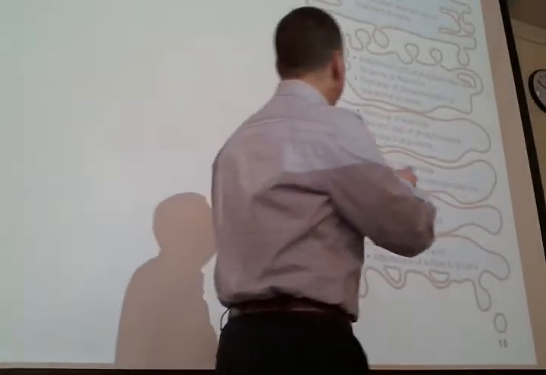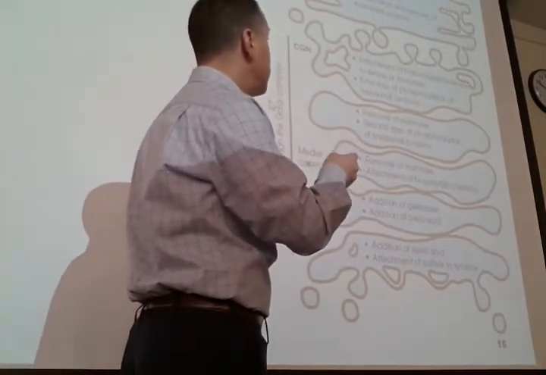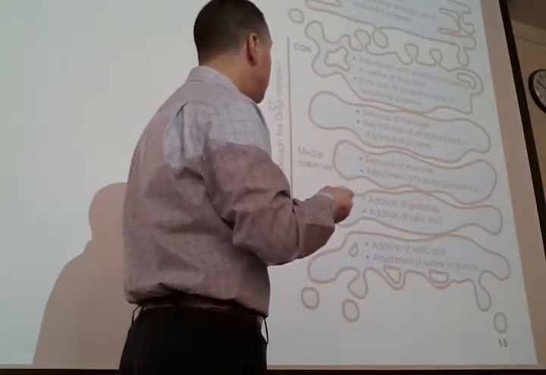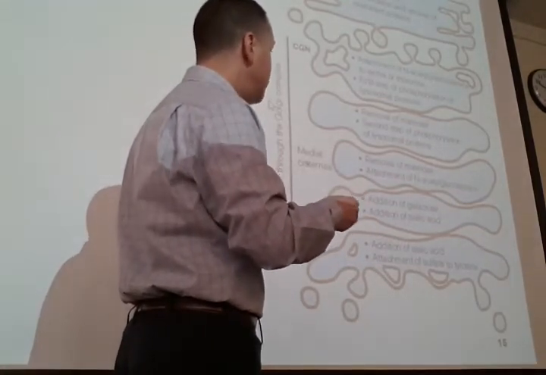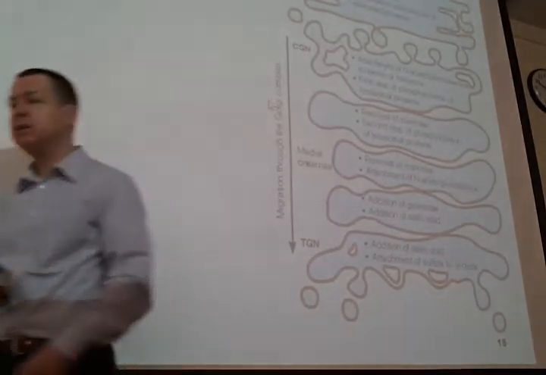And we can see that, again, starting here in the cis, they can pick up N-acetylgalactosamine. They can have phosphates removed here, mannose removed here, but attachment of N-acetylglucosamine, addition of galactose, addition of sialic acid. So it happens kind of throughout the Golgi, but in different compartments they can pick up or lose different kinds of sugars. But again, if you want just a general idea, more sugars are going to get added and sometimes subtracted from the proteins as they travel through.